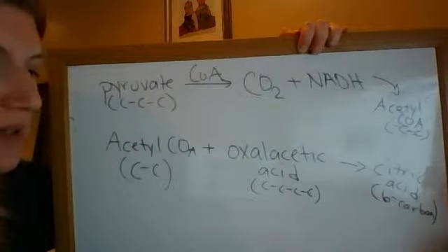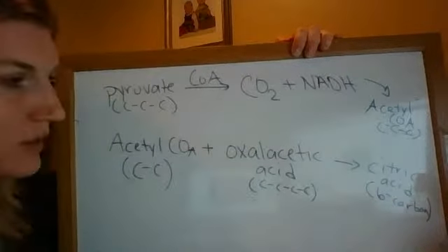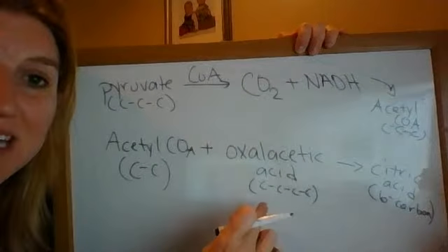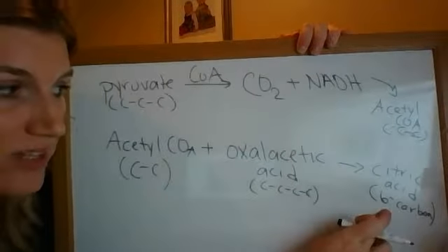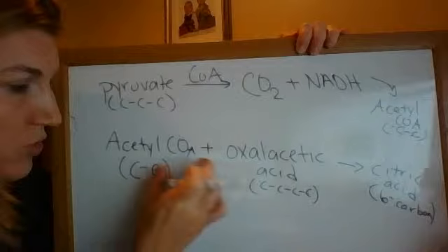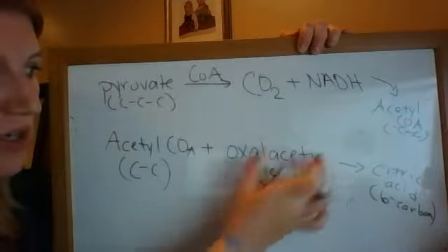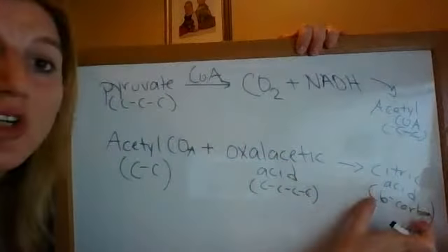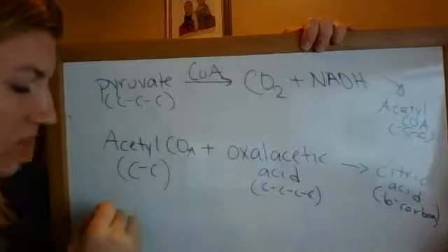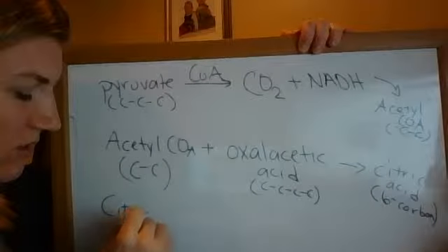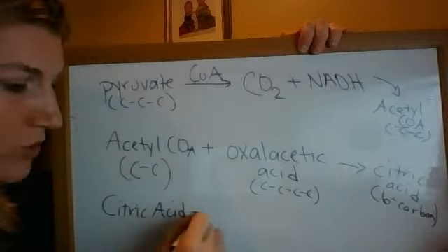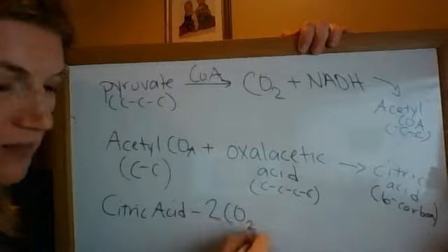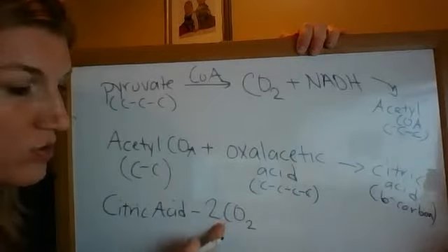So, now what is this? Why is this a big deal? Well, because this is actually a cycle. The citric acid, which is created from the joining of acetyl-CoA and oxaloacetic acid, goes through a process now. The citric acid loses 2 carbon dioxide.